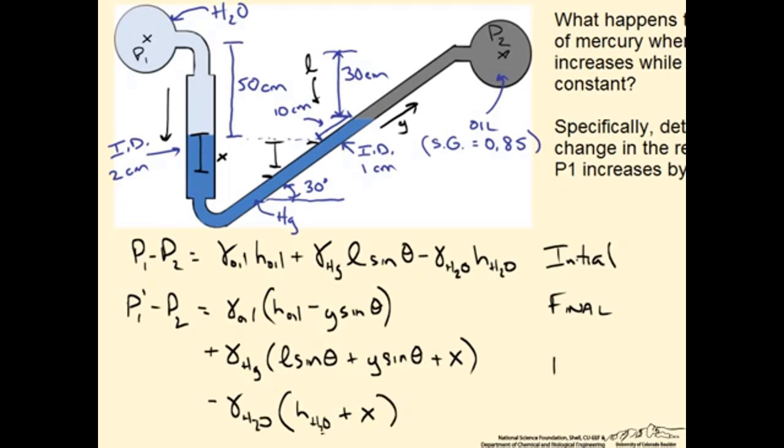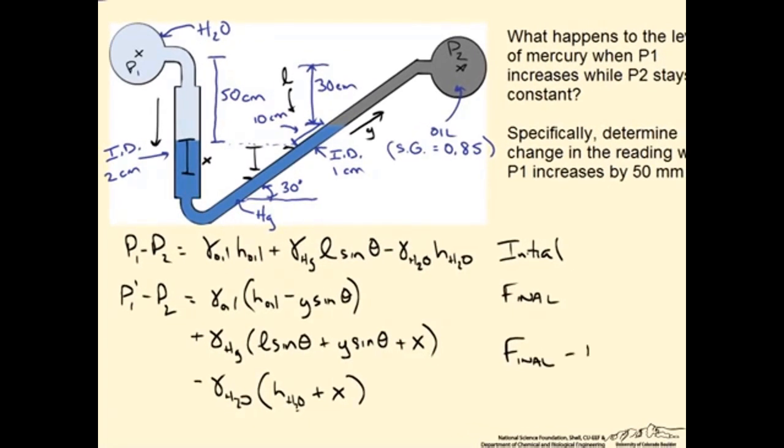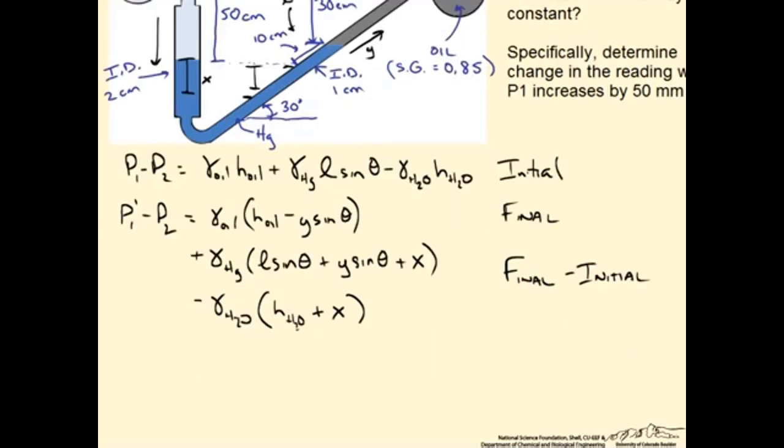So as I mentioned before, we're curious what the final minus initial relationship looks like. And once we get that, we can start plugging in our numbers to figure out that change in the reading. So you can see we're going to start with P1 prime minus P1, and the P2's cancel. And when we look at the oil, that first term is going to cancel.